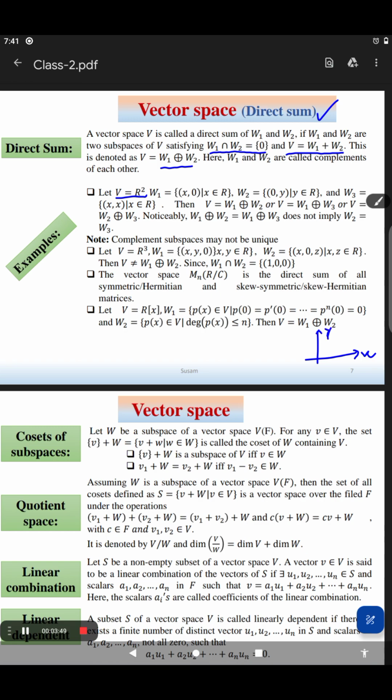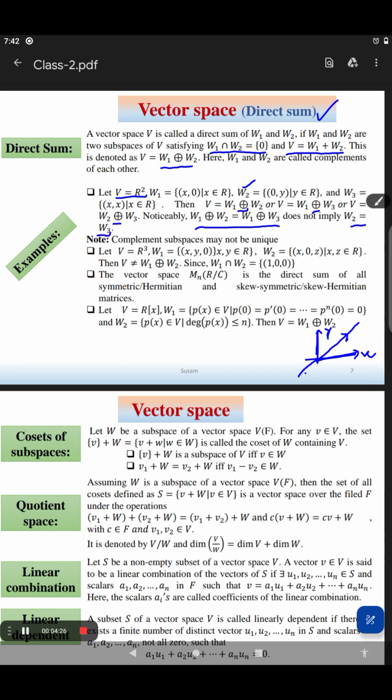Now I consider W1 as the horizontal axis, W2 as the vertical axis, and W3 as the line y equals x. Then V can be written as W1 ⊕ W2, or W1 ⊕ W3, or W2 ⊕ W3. Note, if these are both equal to V, that does not imply W2 equals W3.